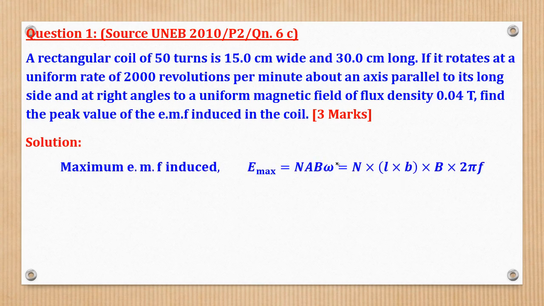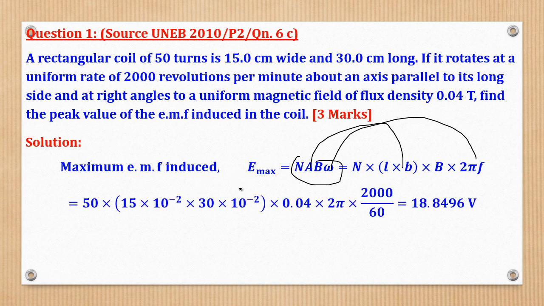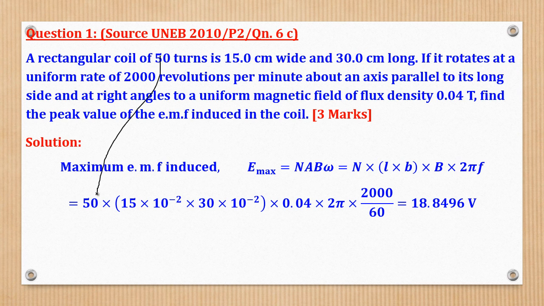So maximum EMF is NABω, where A is length times width and ω is 2πf. So we are going to substitute. N is the number of turns, A is the area, this and this, but you convert to meters.